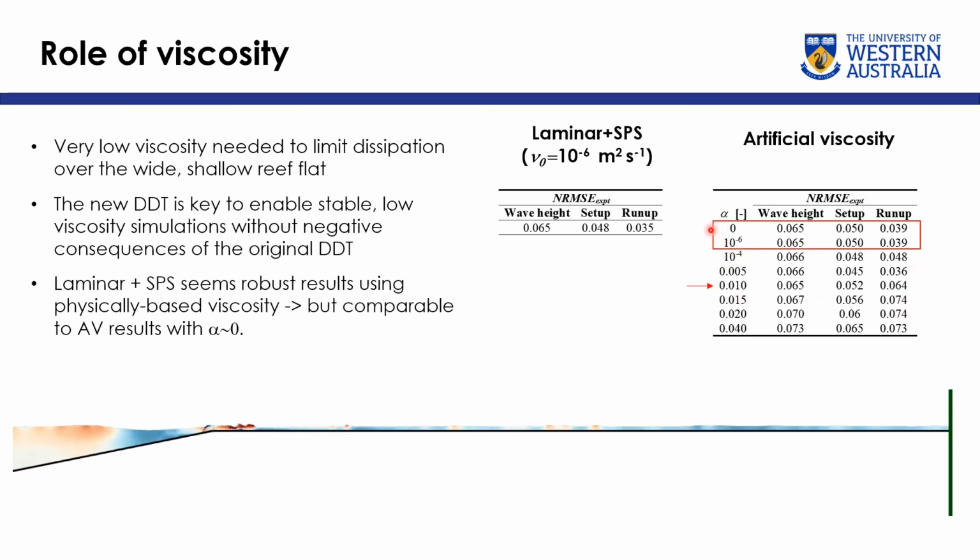But what we found through this process is we could actually reduce these artificial viscosities down to 0, and with this new density diffusion term, also create stable simulations that were comparable to this laminar plus SPS approach. So there's clearly more work to be done on what's the optimum way to simulate viscosity in this case, but it's clear that we really need low viscosity and this density diffusion term to create stable simulations.